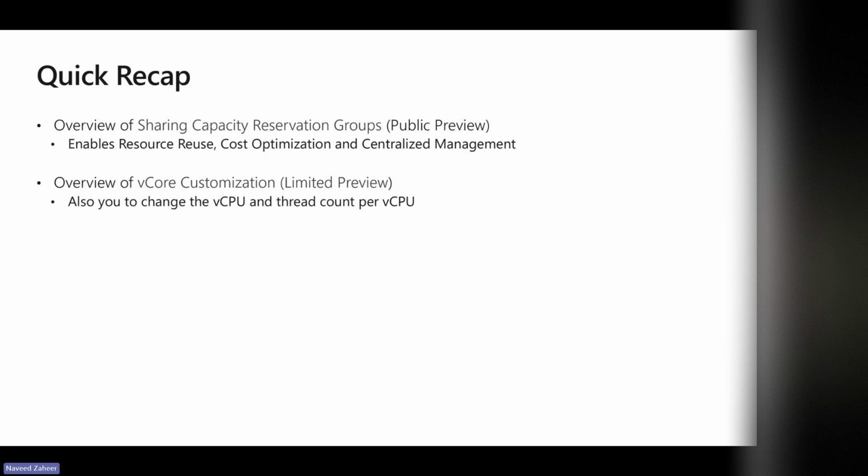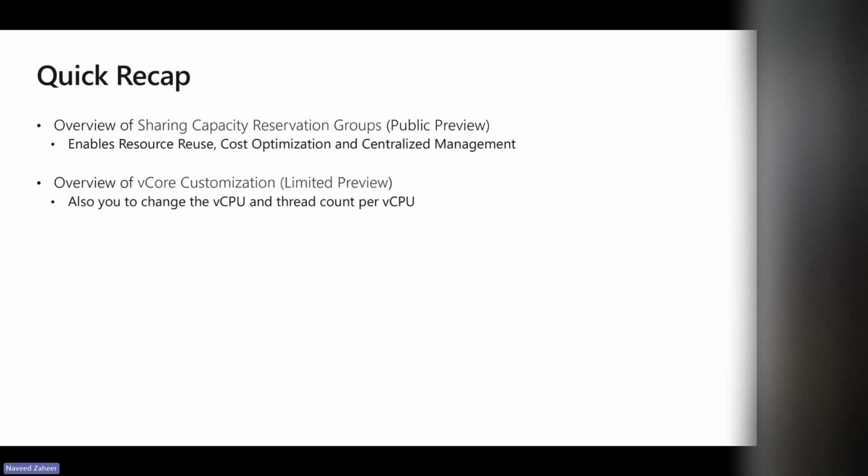The second feature that we talked about, which is in limited public preview, is vCore customization, and there are two sub features underneath it. One allows you to control how many threads you have per core, and you can go to one thread per core for certain applications that want to use the entire core. The second feature allows you to control how many vCPUs your VM can use for licensing purposes.